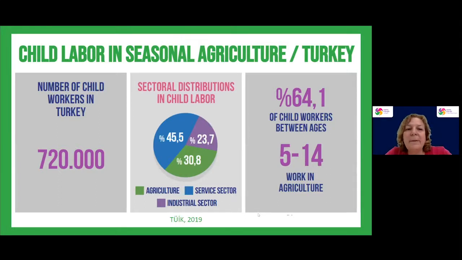In sectoral distributions, we can see agriculture is almost 31%. It's about 220,000 children.